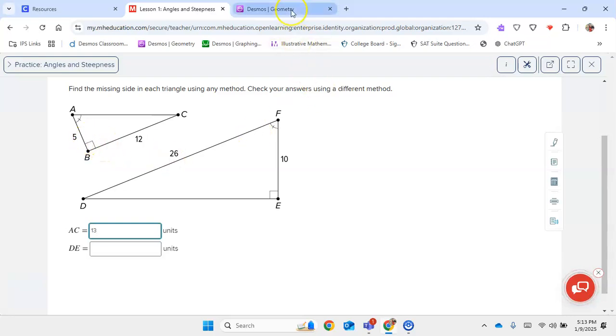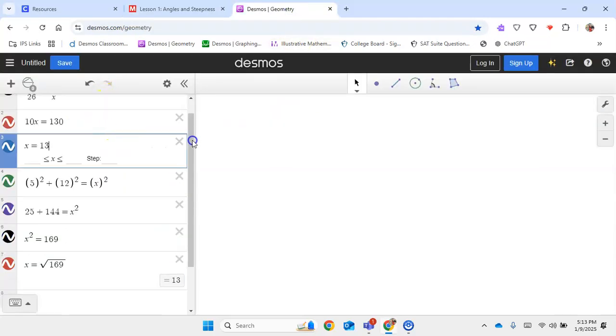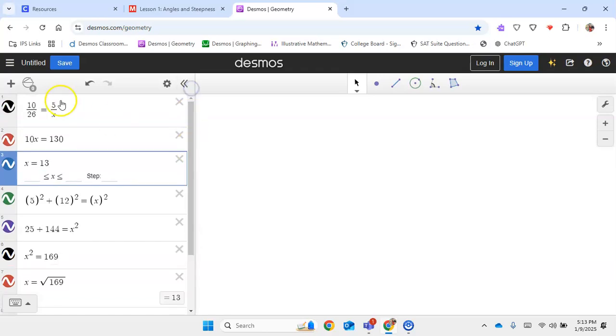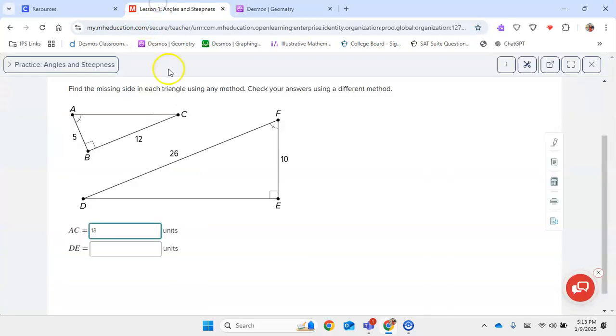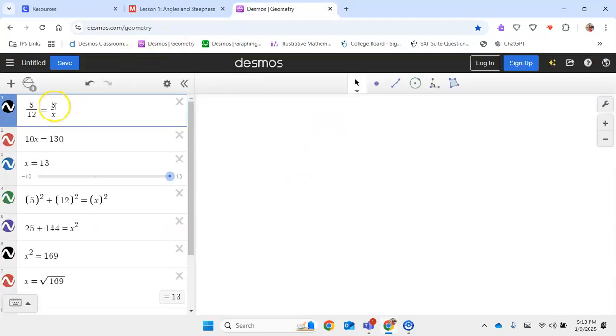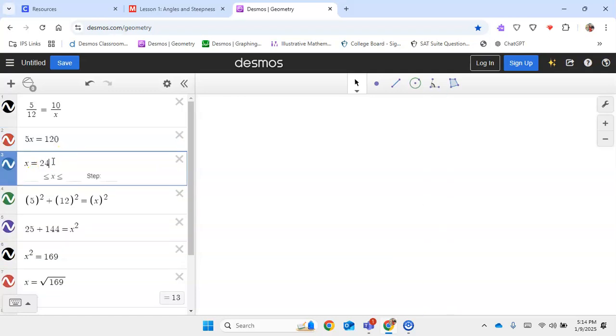So 5 over 12 equals 10 over x. 5 times x is 5x, 12 times 10 is 120. 5x divided by 5 is x, and 120 divided by 5 is 24.